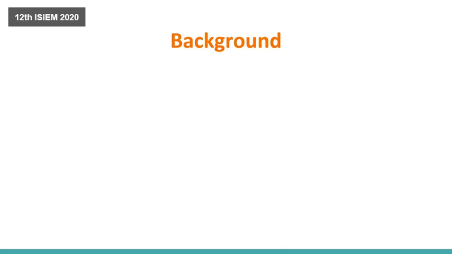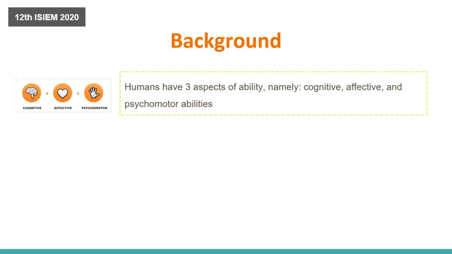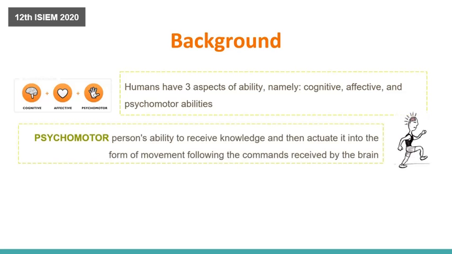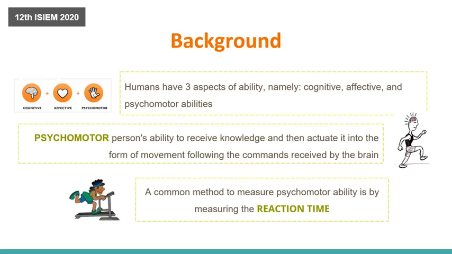As a background of our research, humans have three natural aspects of ability, namely the cognitive aspect, the affective aspect, and the psychomotoric aspect. Psychomotor is the ability of the person to receive knowledge and then actuate it into the form of movement, following the commands received by the brain.